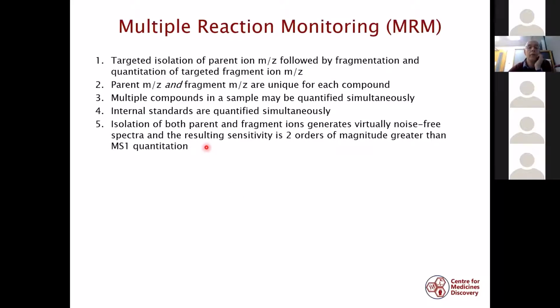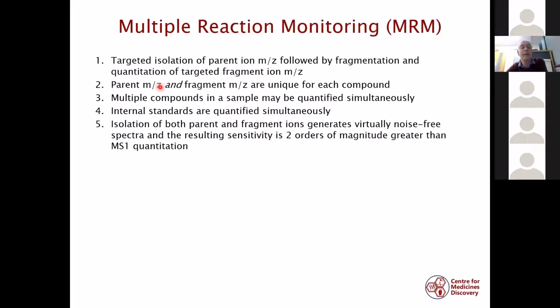So the parent mass-to-charge and the fragment mass-to-charge are going to be unique for that compound. There may be multiple compounds in your sample with the same parent ion mass, but once you've fragmented it, there are going to be very few which have a fragment mass from that parent ion.